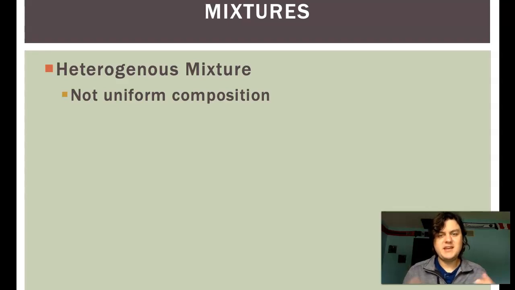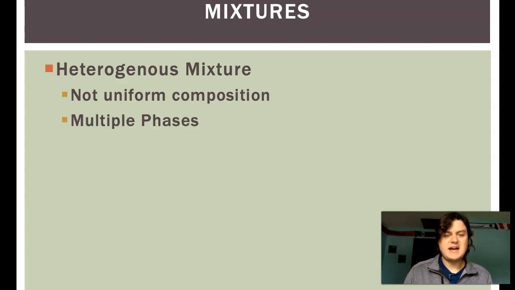If you take two different samples from the mixture, you are not guaranteed, and not even likely, to get the same composition from each of those samples. It's going to be inconsistent throughout the mixture.